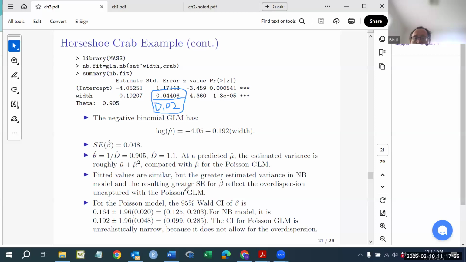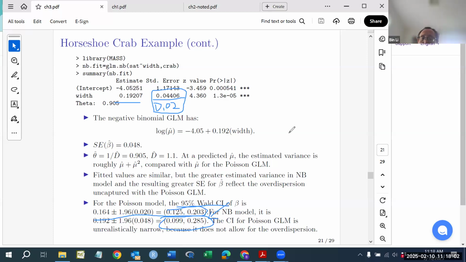So if we use the 95% Wald confidence interval, that is the point estimate plus minus 1.96 times the standard error. For the Poisson model, it's this one, but for the negative binomial, it's this one. So which one is wider? Negative binomial is wider.